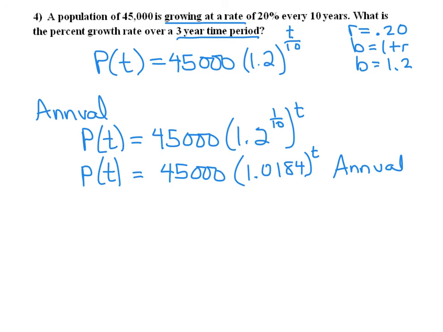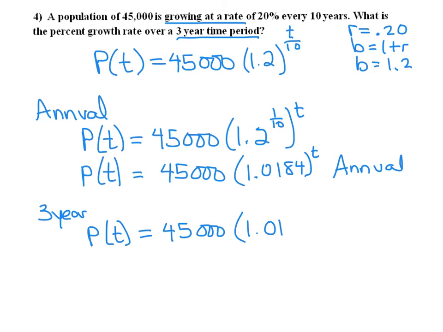Now we want to switch over and we want to now say, how about if we want to find the 3-year growth rate? Well, the 3-year growth rate means that we have to have as our exponent a t divided by 3. But we can't just go ahead and divide by 3. We've got to think about how we write it as an equivalent expression. So I've got 1.0184.